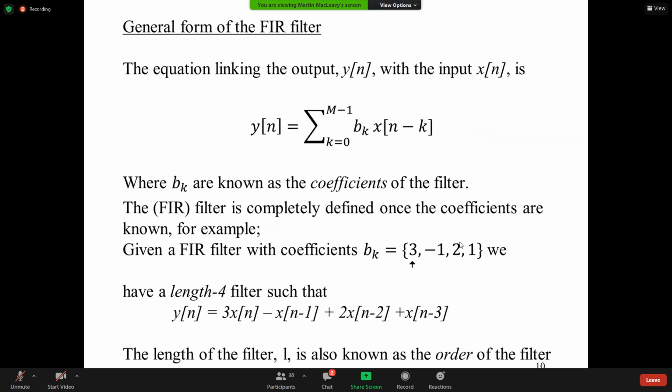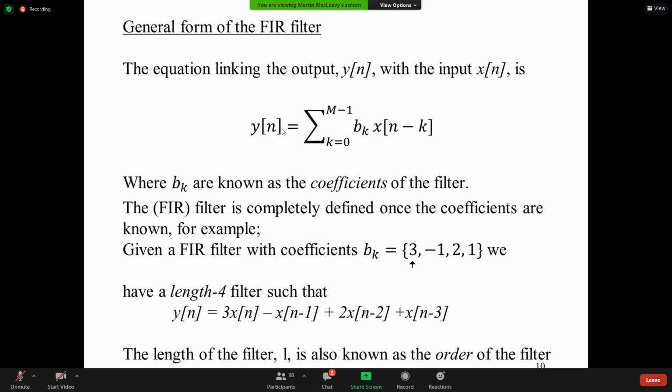All right, so we have now introduced the FIR filter, finite impulse response filter. Let's say a bit more about that. Our FIR filter has a limited number of coefficients. Here is our equation of the general form of an FIR filter.